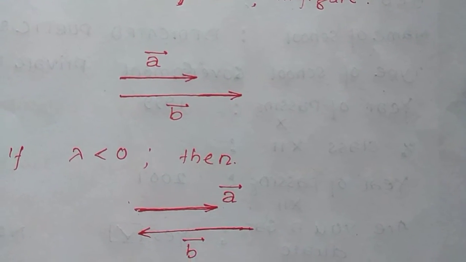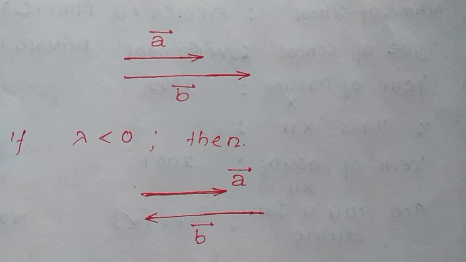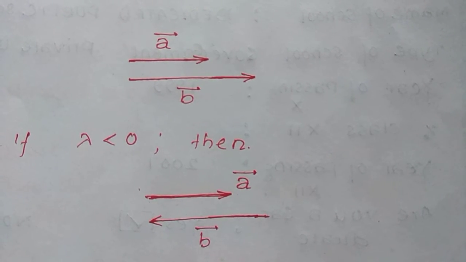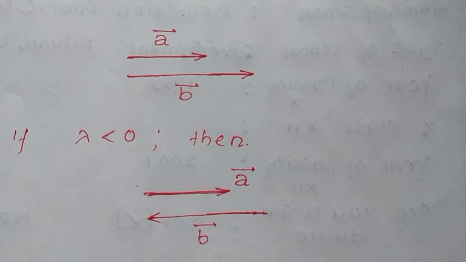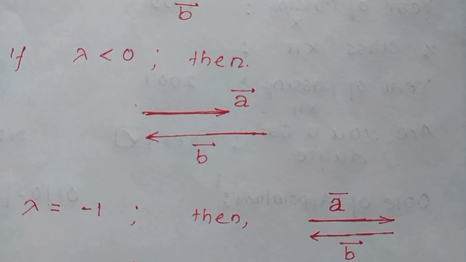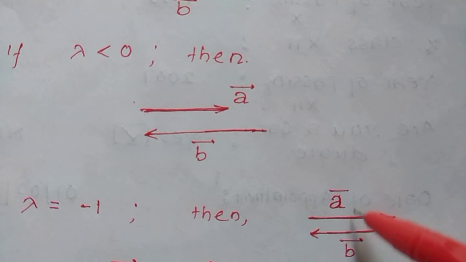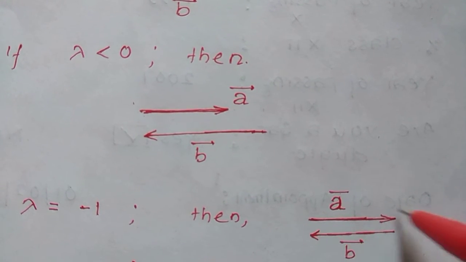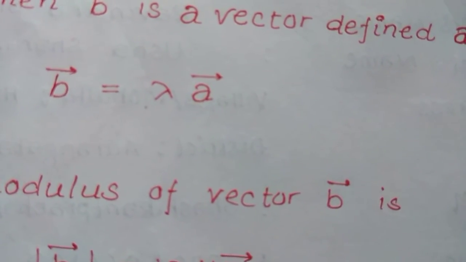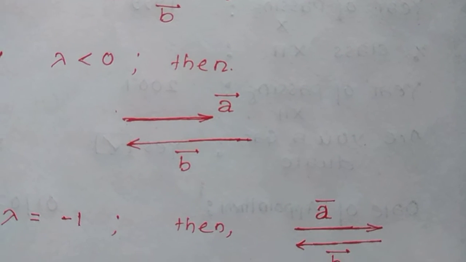Suppose lambda is equal to -1, then vector A and vector B are pointing in opposite directions but are equal in magnitude. So we draw vector A, and this is vector B, with arrow length equal but opposite in direction, because lambda is -1.